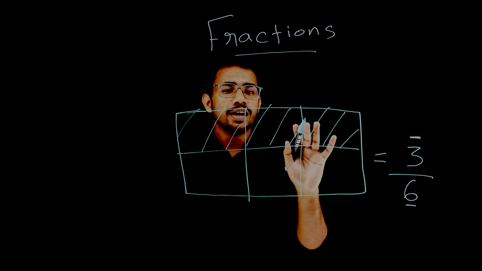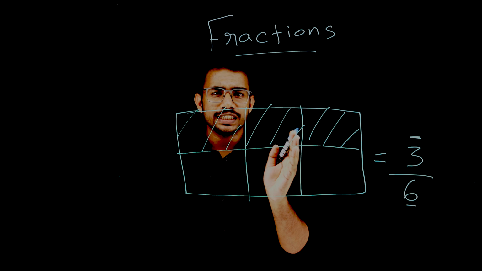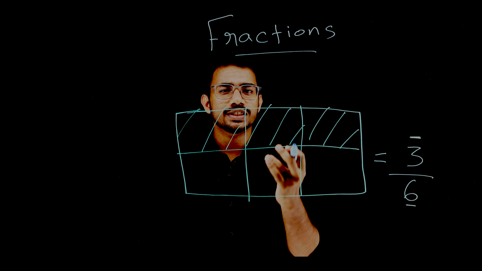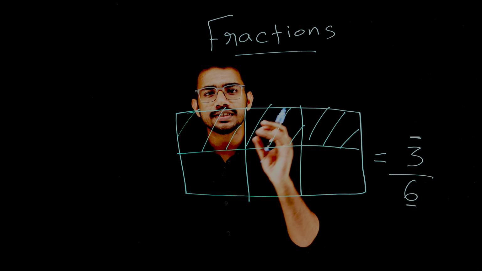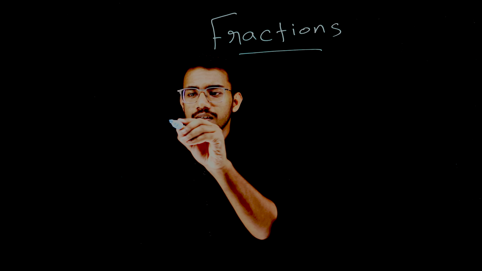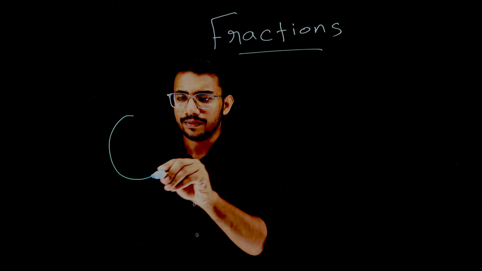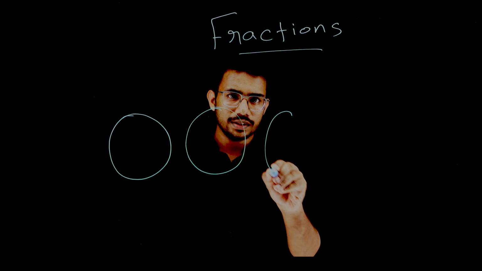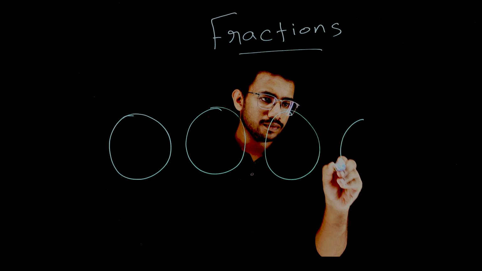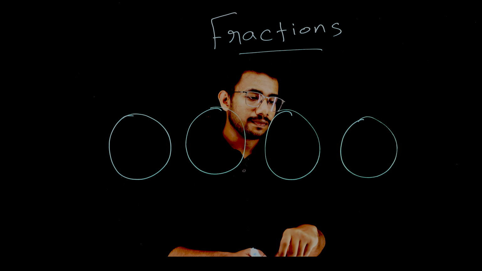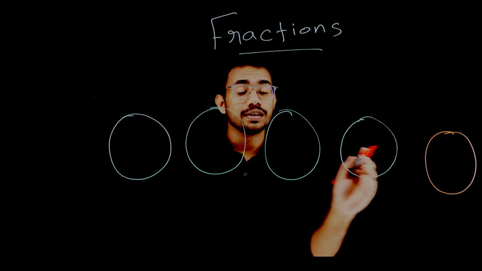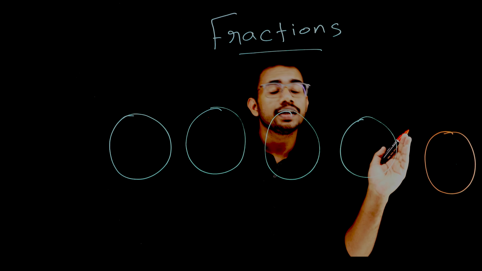Now, apart from dividing all these figures into small portions, we can actually use the same idea of fractions in another sense also. For example, I'm having here 5 balls. 1, 2, 3, 4, and the 5th ball being a red one. So I'm having 5 balls and the 5th one being red.